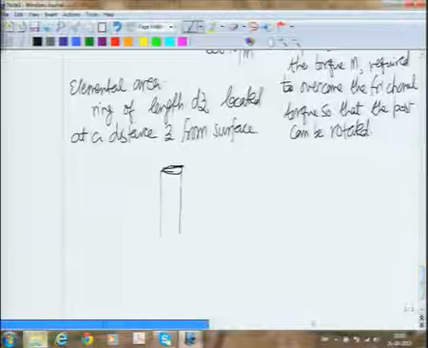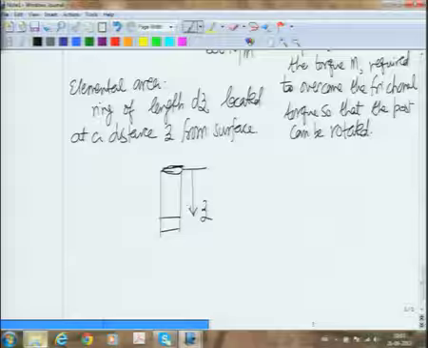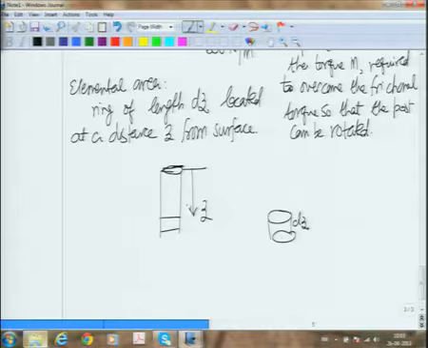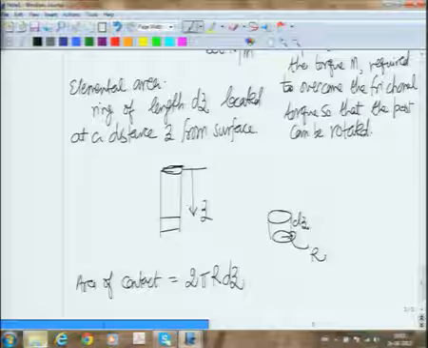So this is your surface, I go at a distance z down and I choose a ring of length dz, and let this radius be r. So now the area of contact is equal to 2 pi r dz all along this.